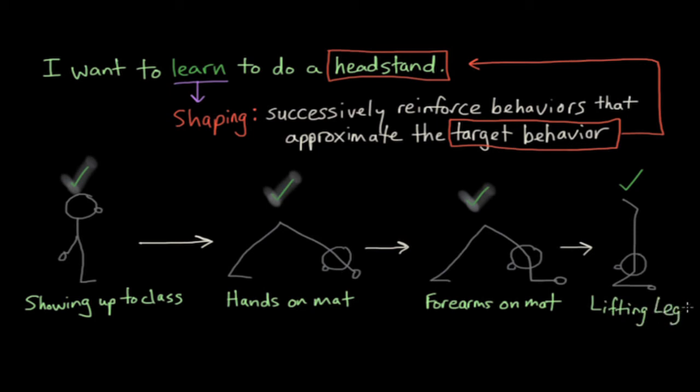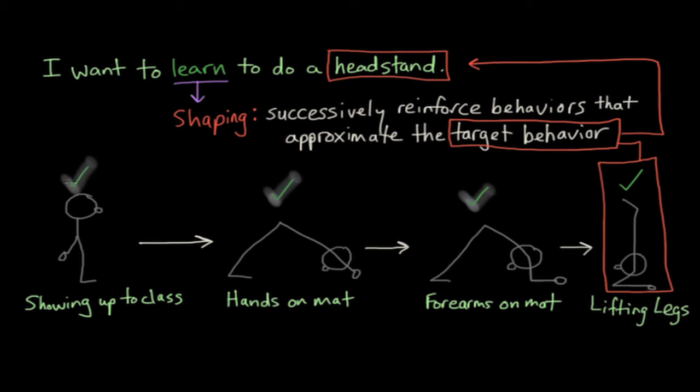So lifting legs. And this is actually the target behavior. But as you can see, this guy didn't just show up to class and perform the headstand. They had to gradually or successively learn to perform the target behavior.